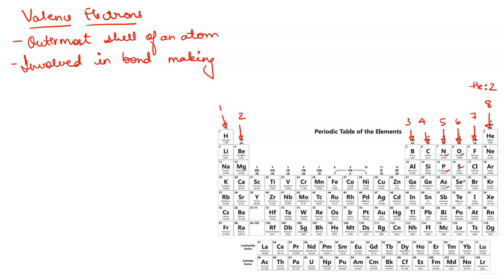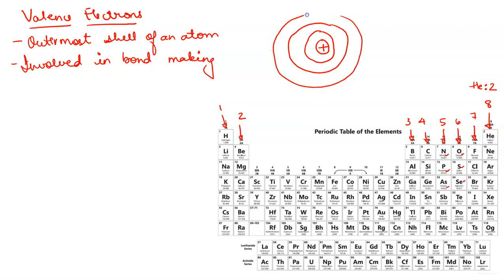So if you have, let's say, an atom such as this one, with a positively charged nucleus, we have different shells. They're kind of like concentric circles, but not quite, but this just helps you understand the picture. So let's say these are the different shells where the electrons are found. The first shell contains a maximum of 2 electrons. The second one can contain a maximum of 8 electrons.